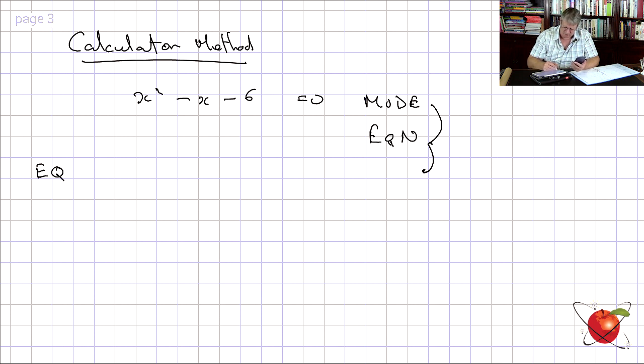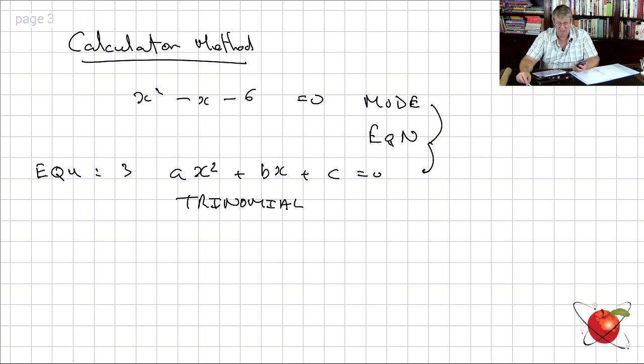Equation 3. It looks like this: AX2 plus BX plus C equal 0. This is a trinomial. All this does is it just makes it faster.